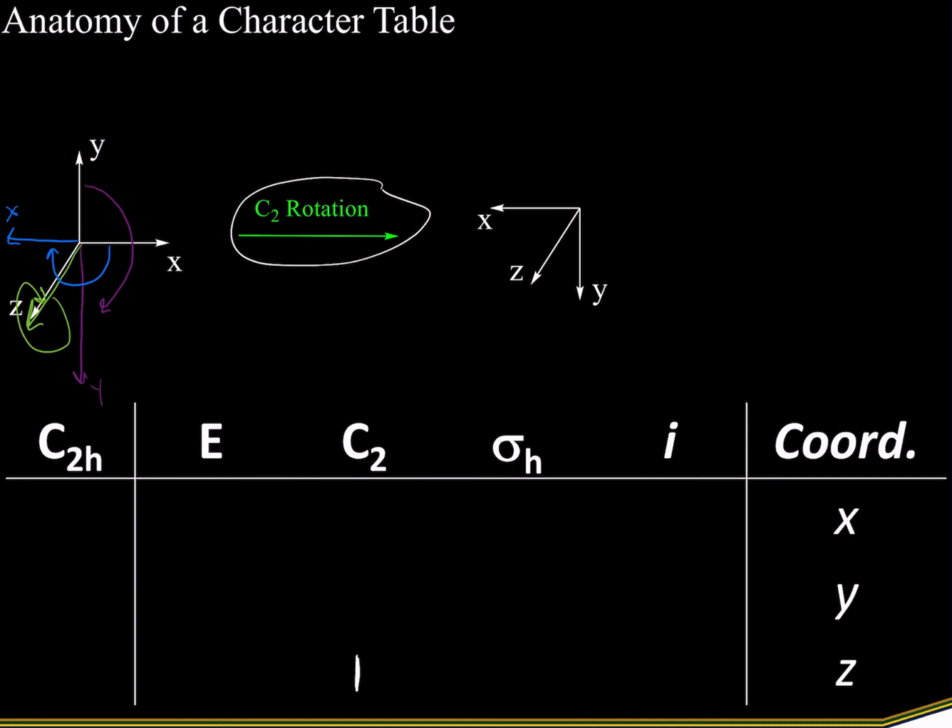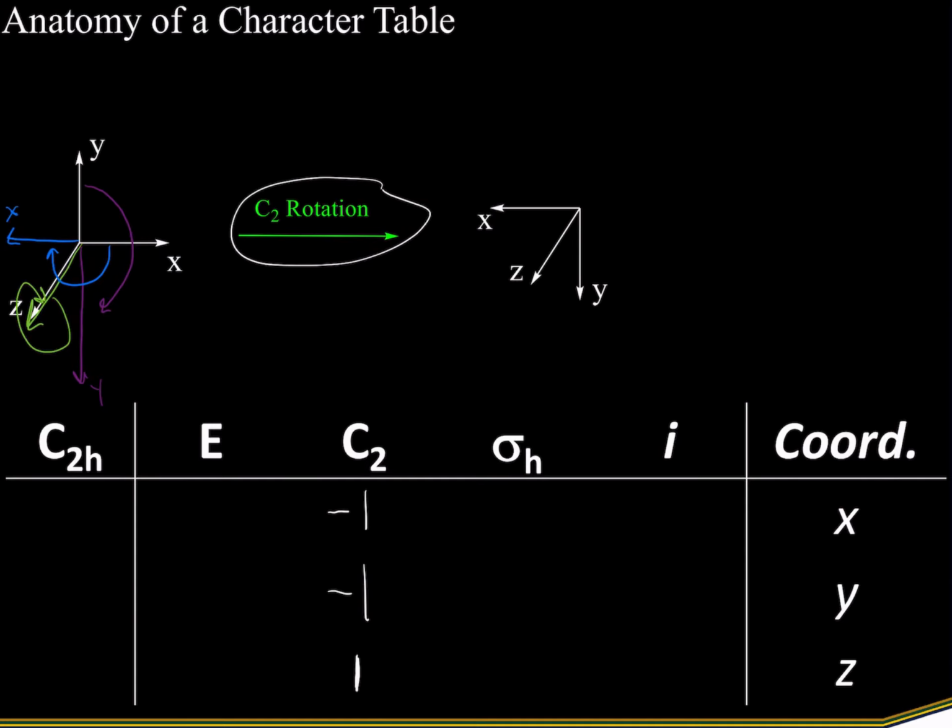We notice that both x and y are now pointed in the opposite direction from where they started, so both x and y get a -1. And this is just the rules of how we construct the characters in a character table: we perform the symmetry operation and we look and see what happened to the orientation of our x, y, and z axes.